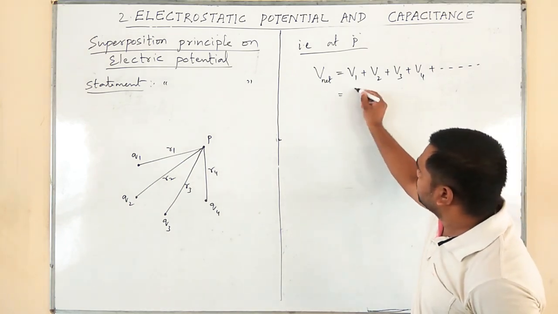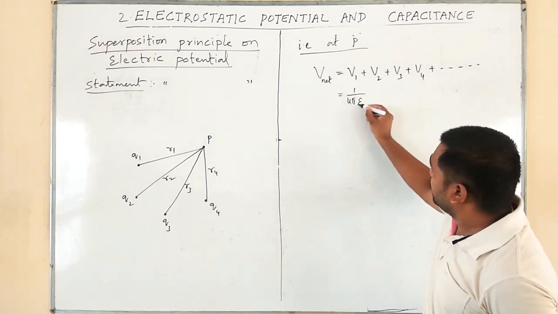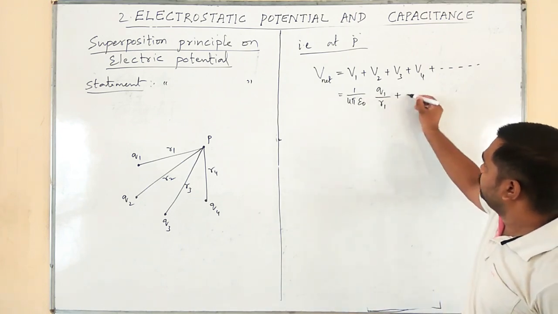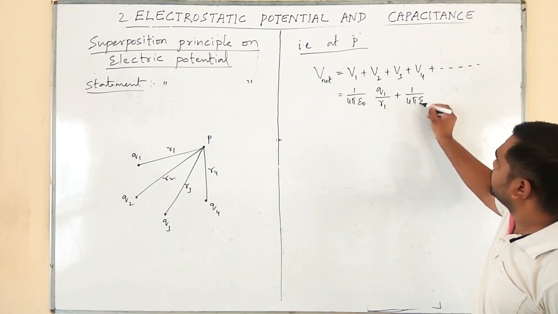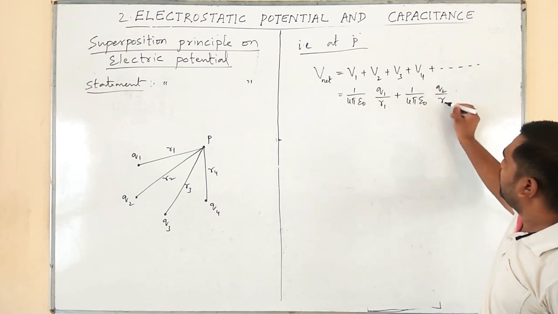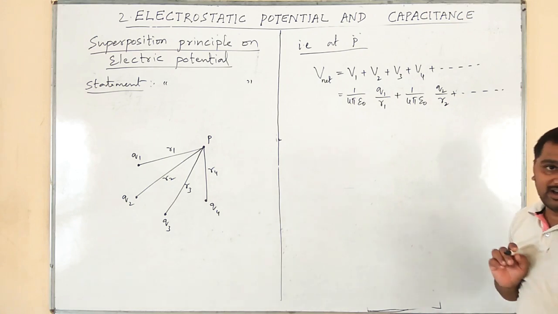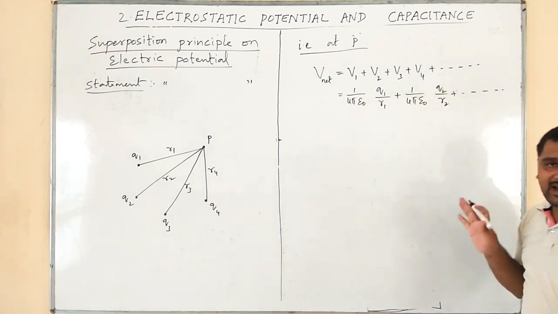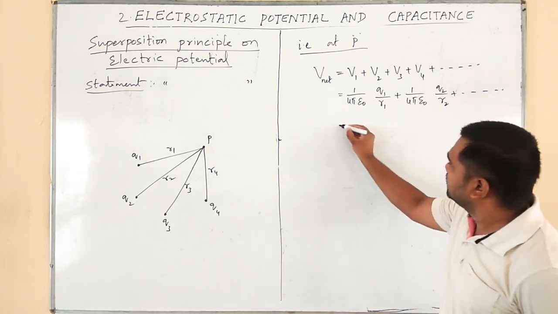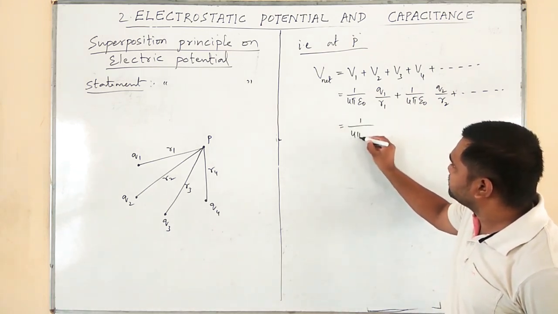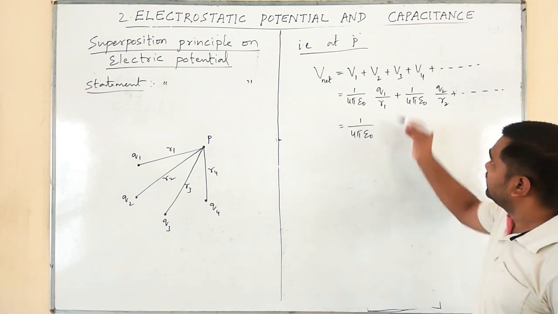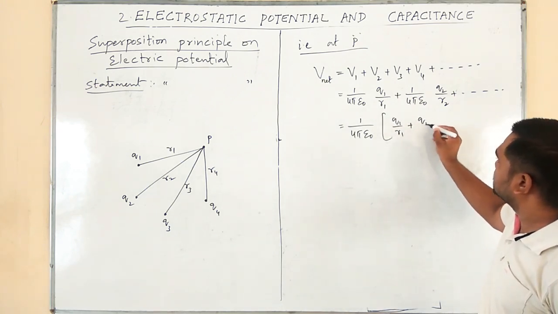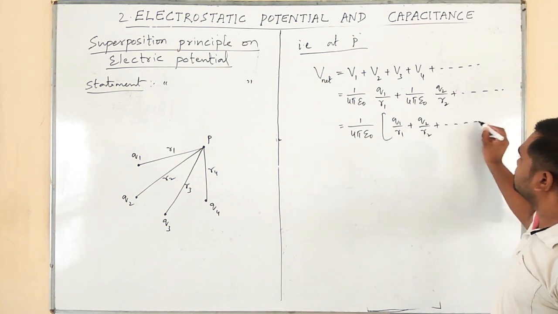In place of V1, we can write 1 by 4 pi epsilon naught Q1 by R1, plus 1 by 4 pi epsilon naught Q2 by R2, plus so on up to 1 by 4 pi epsilon naught Qn by Rn. Otherwise, if I take 1 over 4 pi epsilon naught outside, then it becomes Q1 by R1 plus Q2 by R2 plus so on.